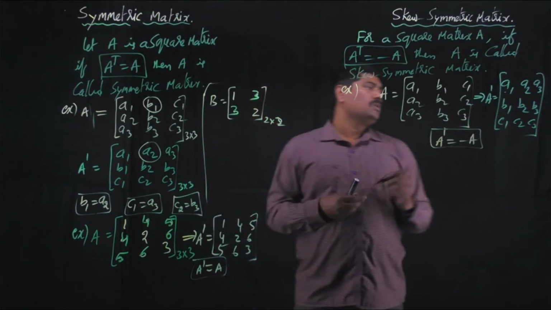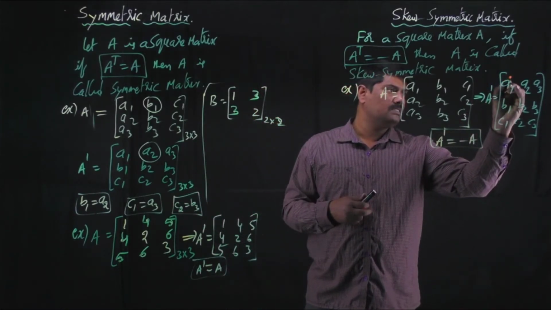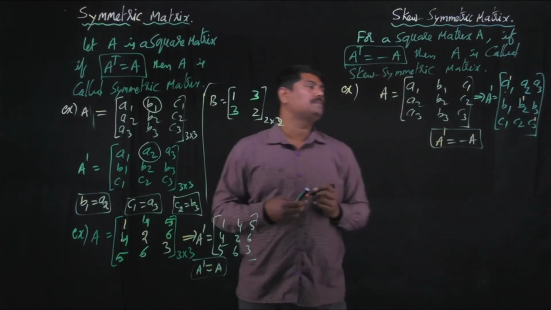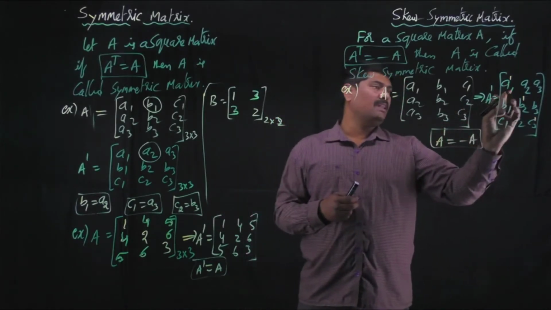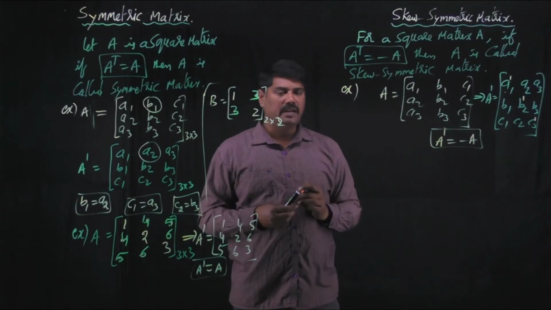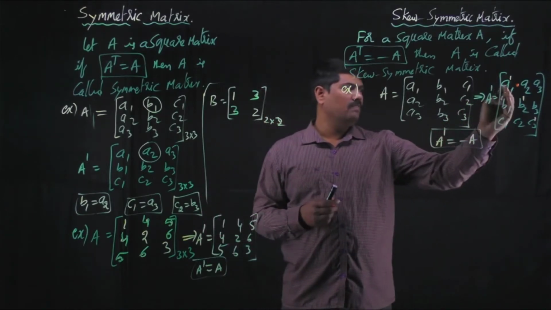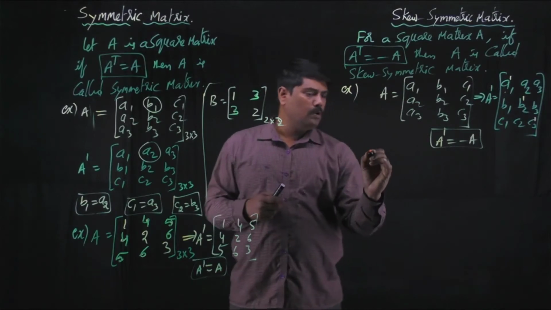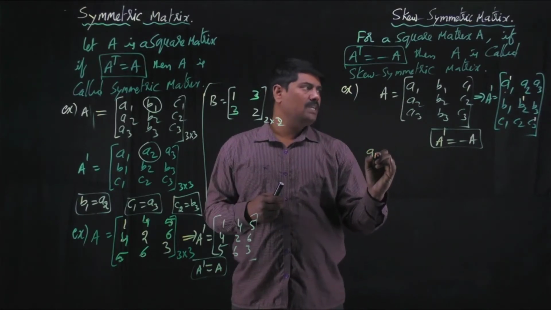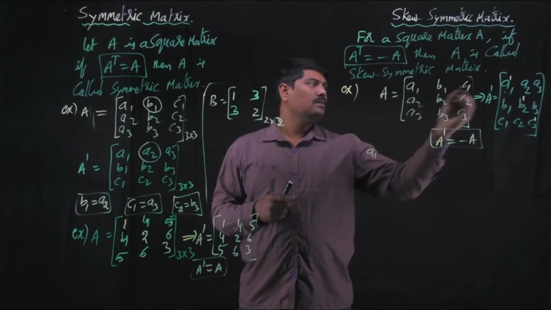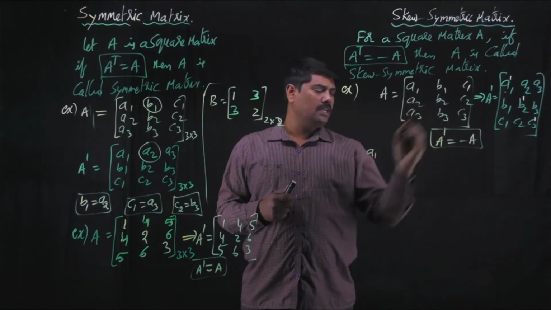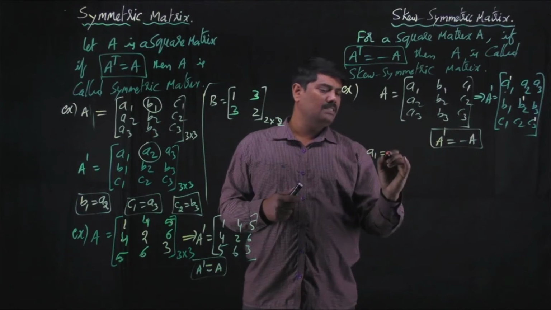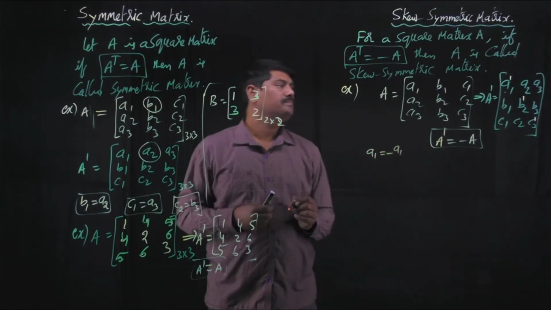If you consider these as new elements, A1 dash, let us first discuss the diagonal elements. I am taking the diagonal elements of A transpose as A1 dash, B2 dash, C3 dash. So what we require is A1 dash, that is A1, is equal to minus A1.